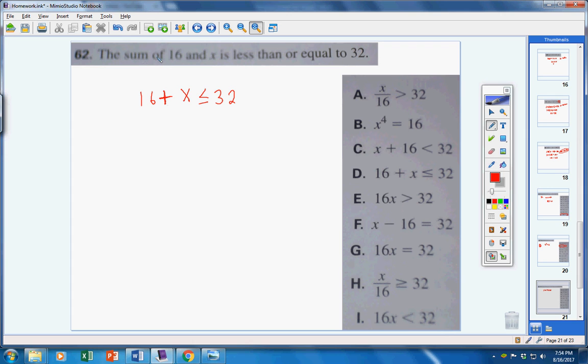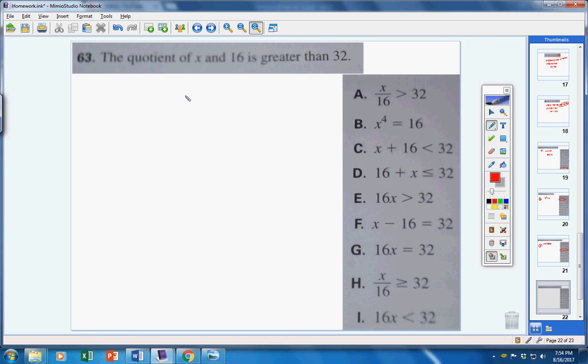The sum of 16 and x is less than or equal to 32. I almost circled this one because 16 plus x is the same thing as x plus 16. But notice there's no equal sign here. Here it is. 16 plus x is less than or equal to 32. Letter D.